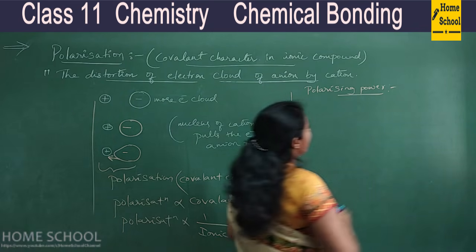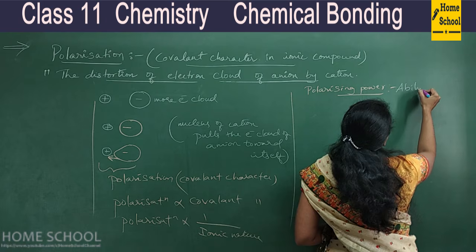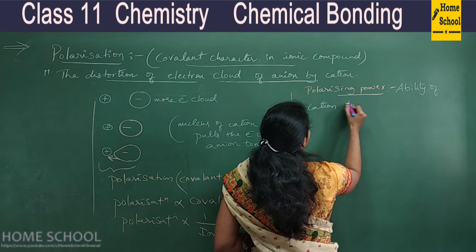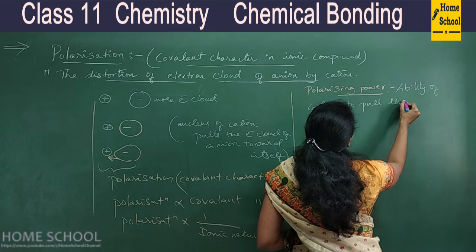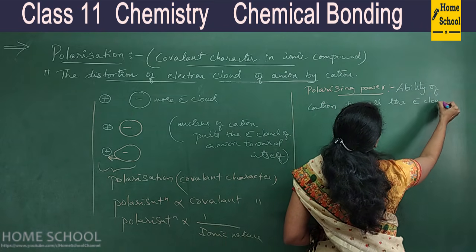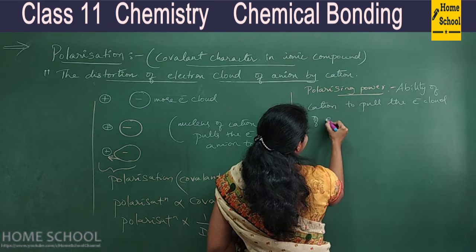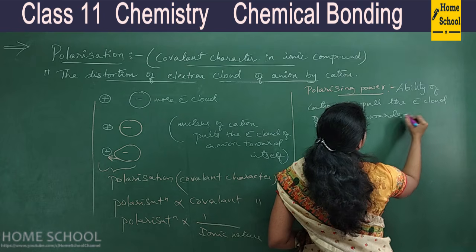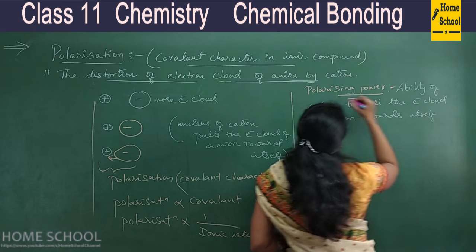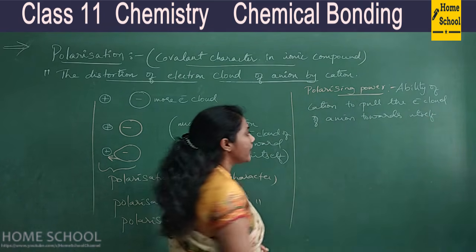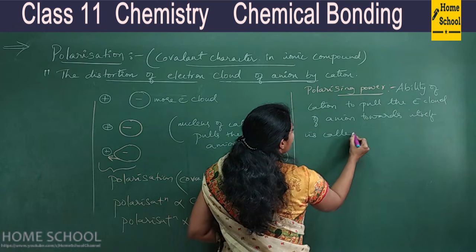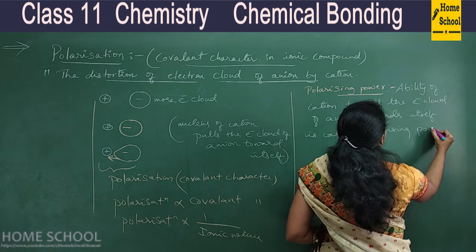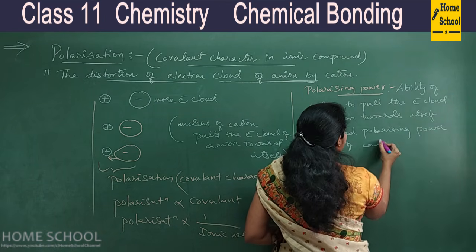Okay, so what can I write here? Ability of a cation to pull the electron cloud of an anion towards itself is called the polarizing power of the cation.